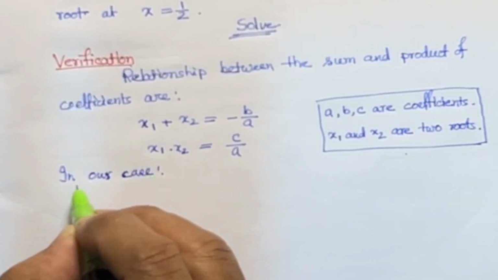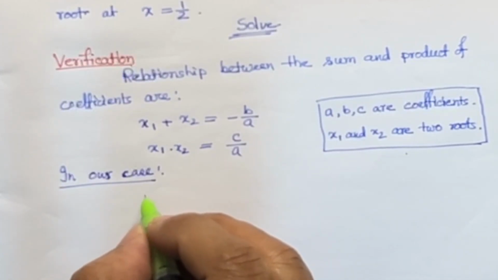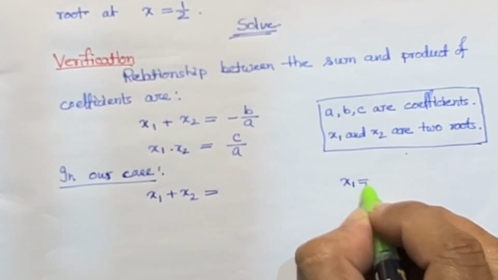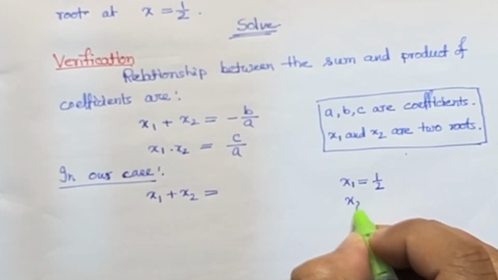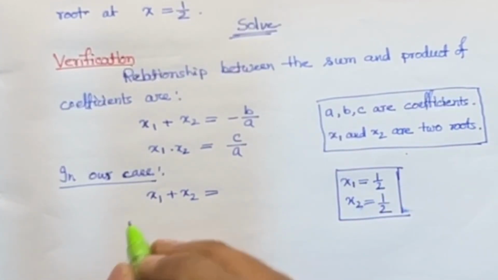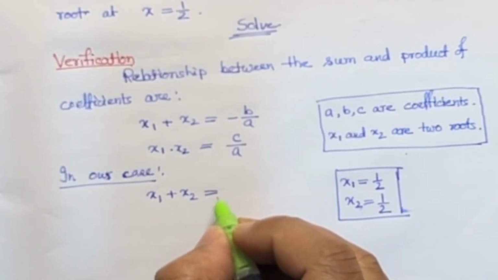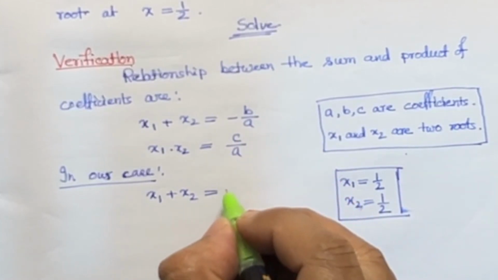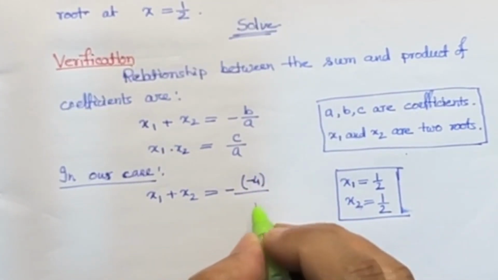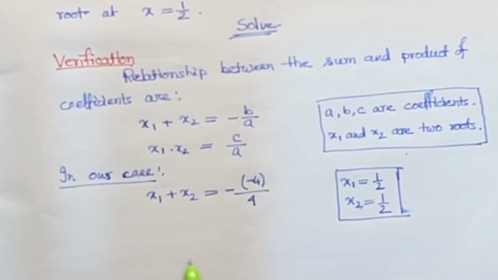In this case, x1 plus x2 is equal to minus, we know that x1 equal to half and x2 equal to half in this solution. So let's see, x1 plus x2 equal to minus b by a. Minus b means minus of minus 4, by a means 4.